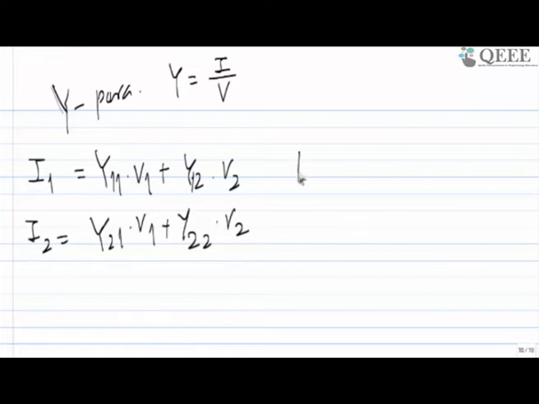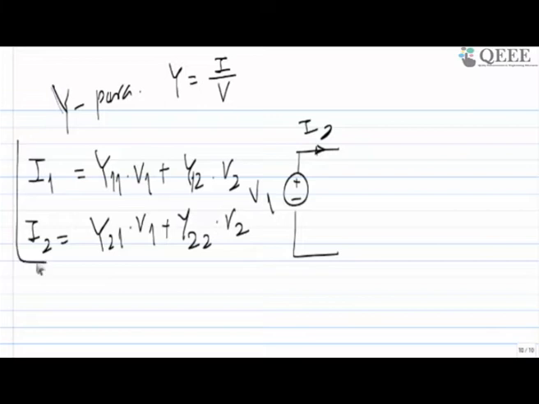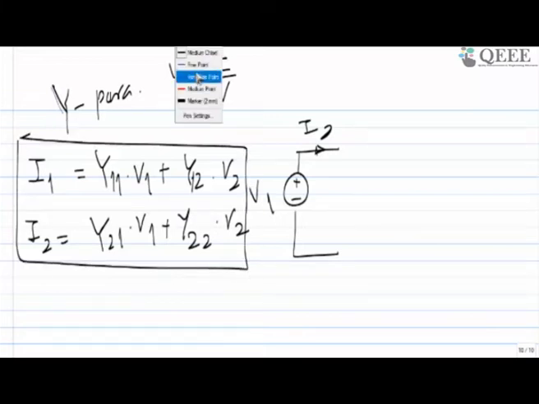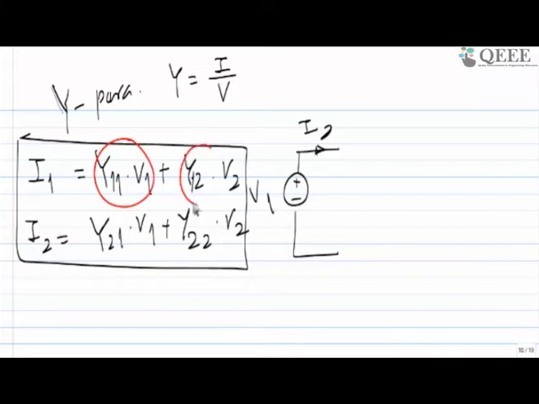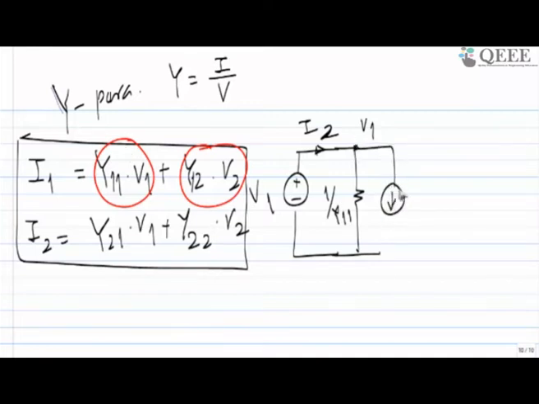So for this side, V1 is available this side, I1 is available this side. Note that both the quantities are current. This and this both are current, so they have to be in parallel. If I2 is available here, then for V1 potential across 1 by Y11, I am going to get the first term, and if I want to get the second term, that is the current source, it has to be Y12 times V2.